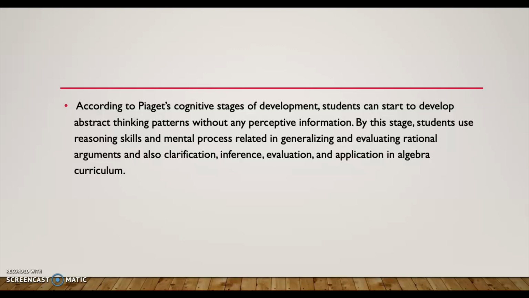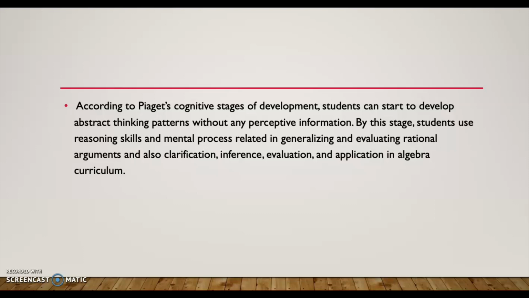They ate 10 chocolates. How many chocolates did John eat? By this stage, students use reasoning skills and mental processes related to generalizing and evaluating rational arguments, and also clarification, inference, evaluation, and application in the algebra curriculum.